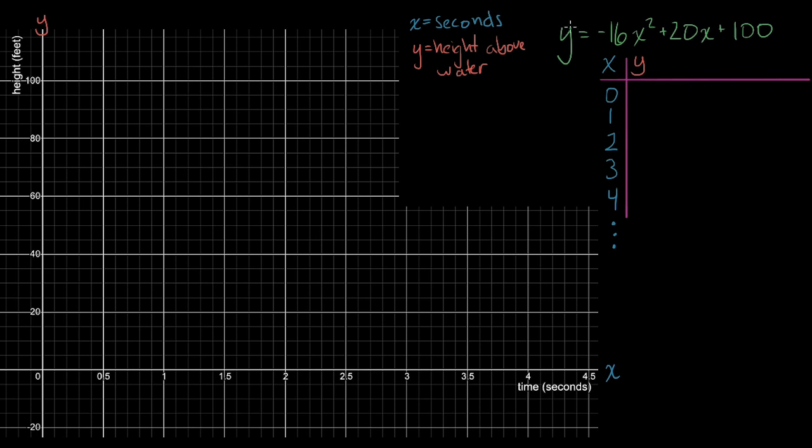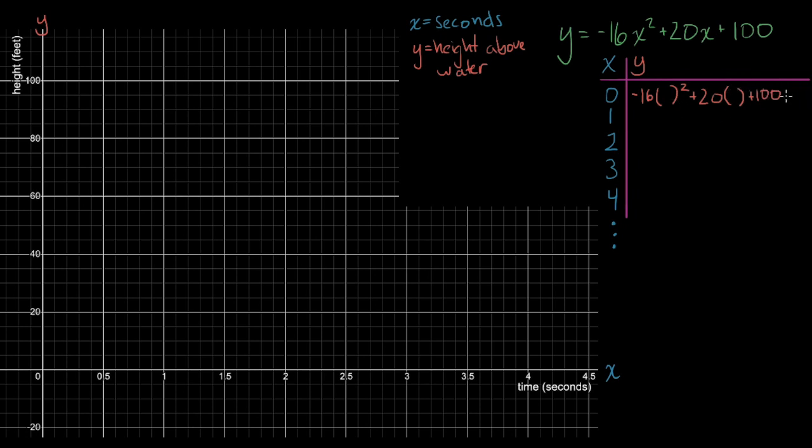Now for y, I don't know exactly what y is equal to when x is equal to 0. I have to use this expression in order to figure that out, so I'm going to copy down this expression: negative 16, and then I'm going to put in parentheses wherever I have an x variable, and then plus 20 times whatever I'll have for x, and then plus 100.